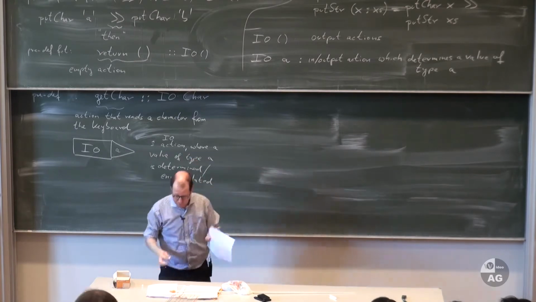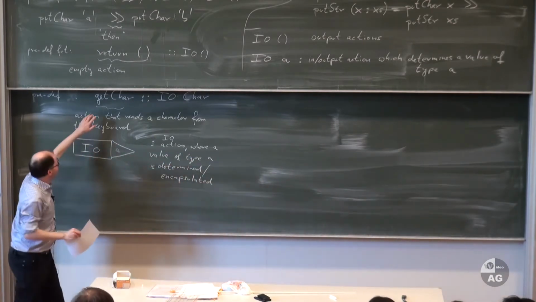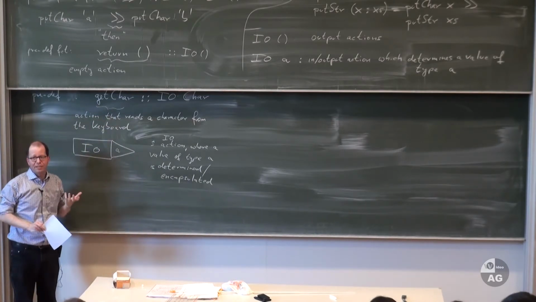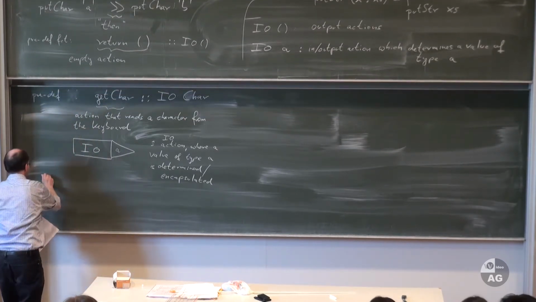What is very, very important is that the value of getCharacter is not the character that the user has typed. The value of getCharacter is the action to read the character.